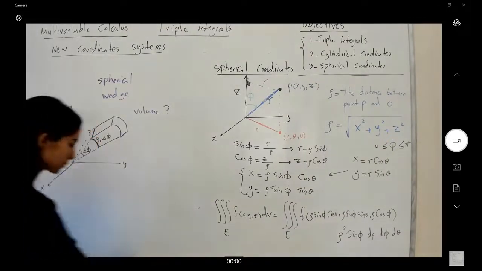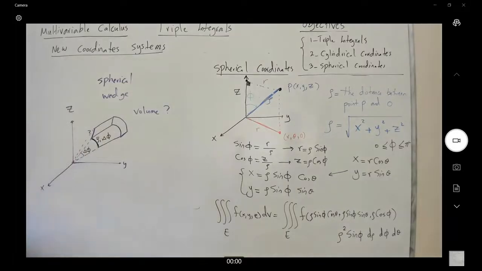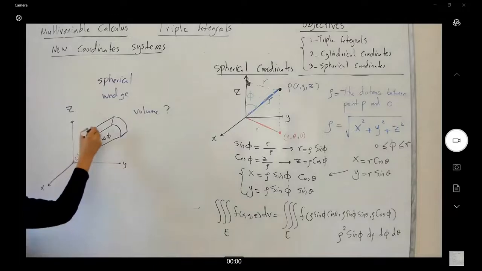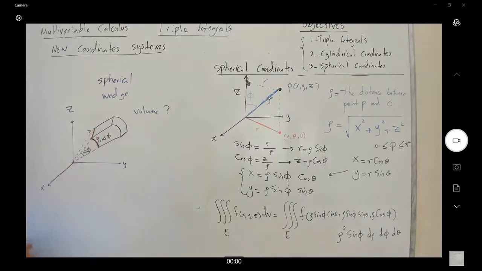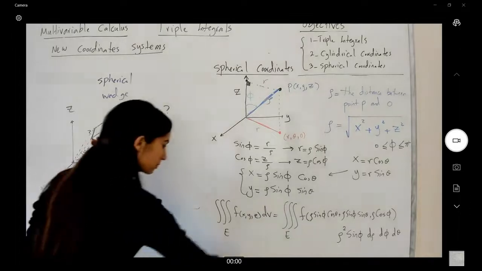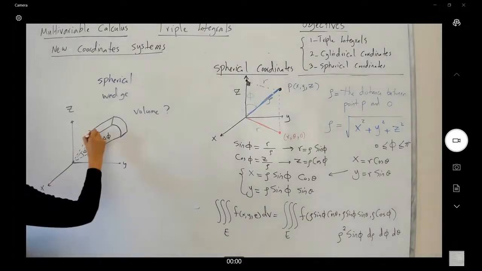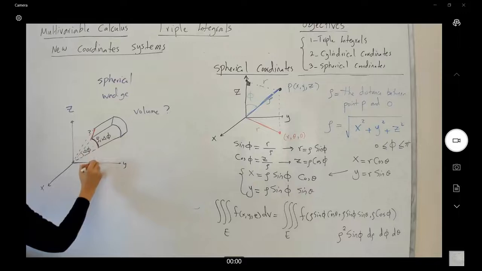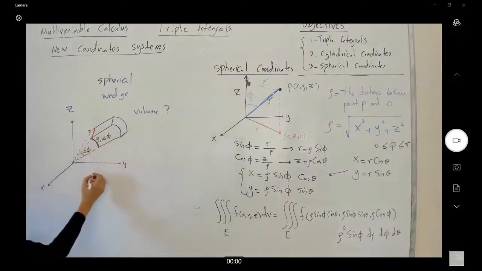For this little piece, let's take a look at it. If you project this little piece here, let me use a different color for that, in the XY plane. I'm just projecting this in the XY plane. My goal is to find this little length here.